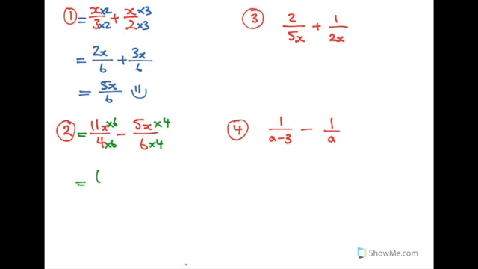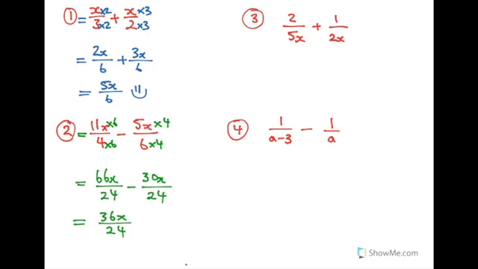Okay, let's go. 66x over 24 minus 30x over 24. 66 minus 30 is 36x over 24. Now this is where the other method would have helped a lot, because you can easily simplify it, but I can simplify this as well.